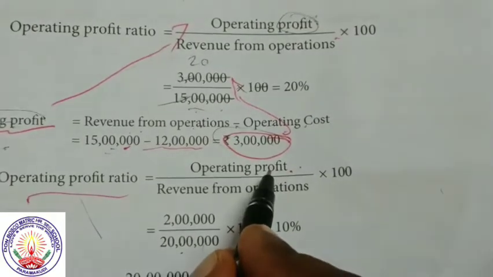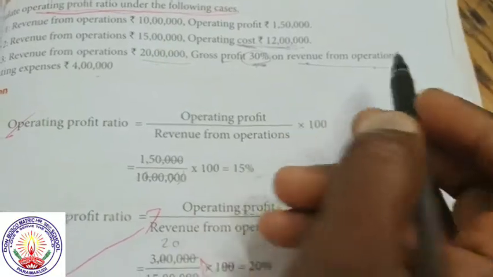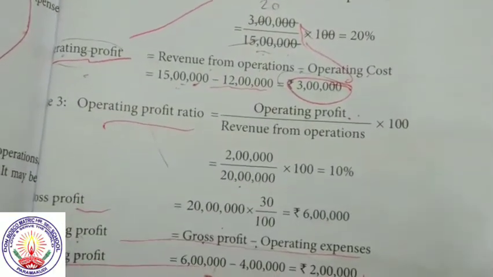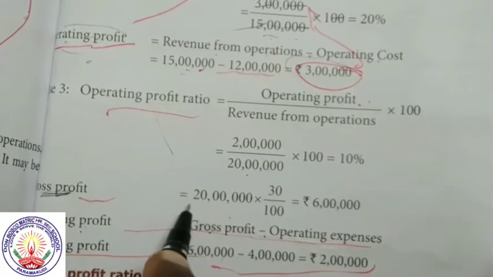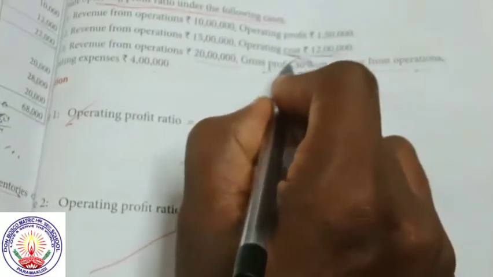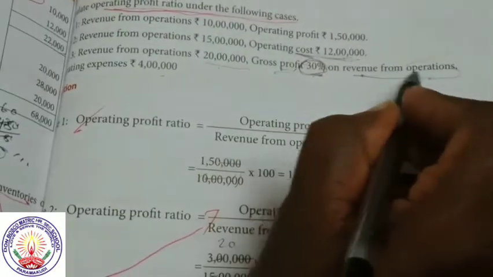Operating profit is not given directly. First of all, you find the gross profit, after that we find the operating profit. Gross profit is 30% on revenue from operation.